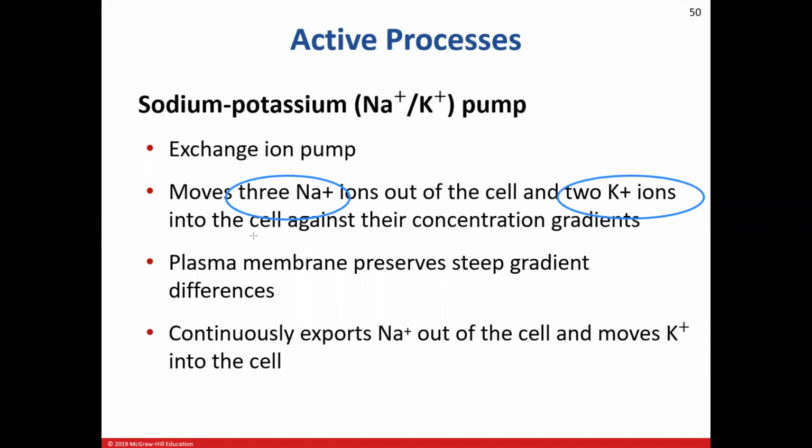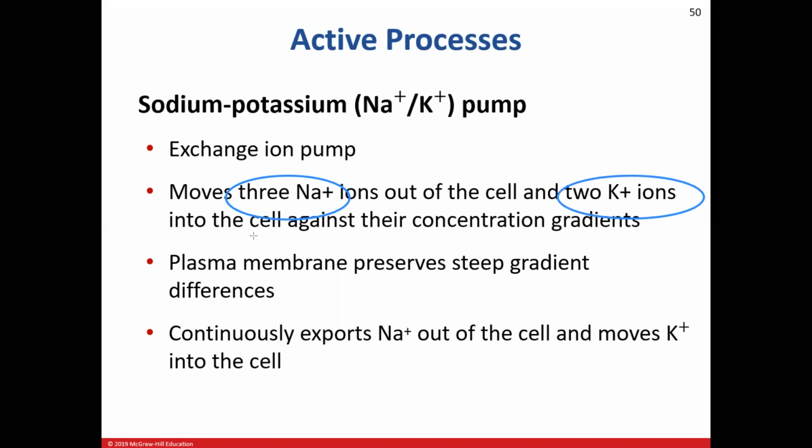And both of these are going against their concentration gradients, because what we're going to find out, and we'll talk about this a little bit later, is that sodium has a concentration 10 times greater outside the cell than it does inside the cell. And the reverse is true for potassium. Potassium has a concentration 10 times greater inside the cell than it does outside the cell.